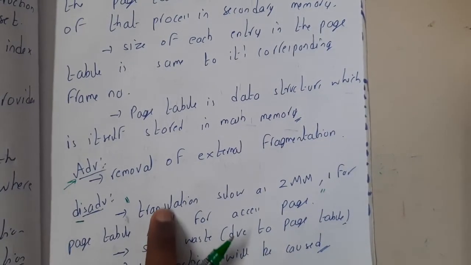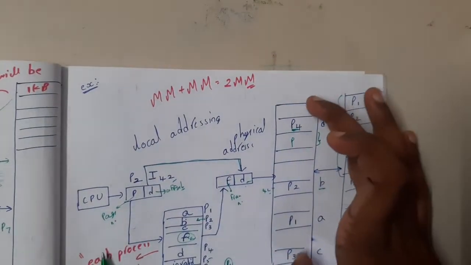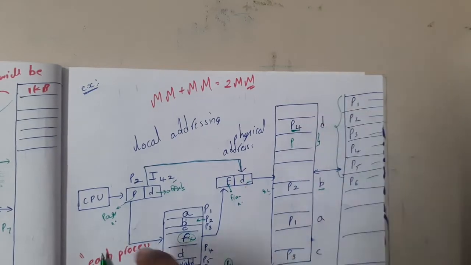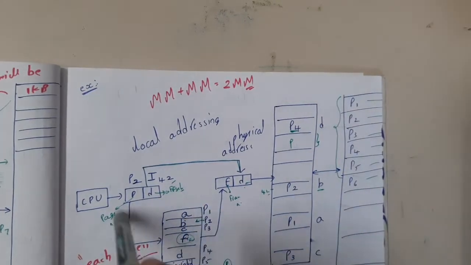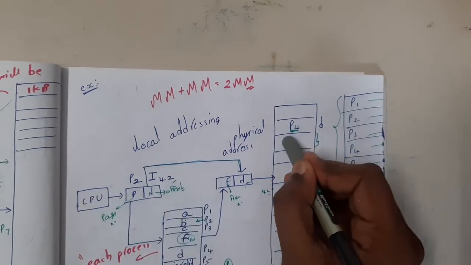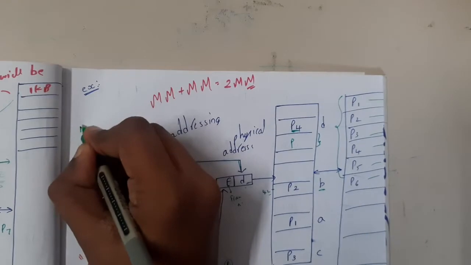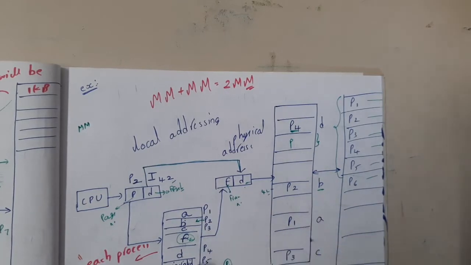Okay, so first let us discuss this thing. Concentrate here, guys. This is our main memory, right? Indirectly, this page table is also in our main memory. So when you are performing this translation, you are going to access main memory and get this data, right? One access to main memory is done to get the particular address, and the next memory access is with this, so you go for this frame address.